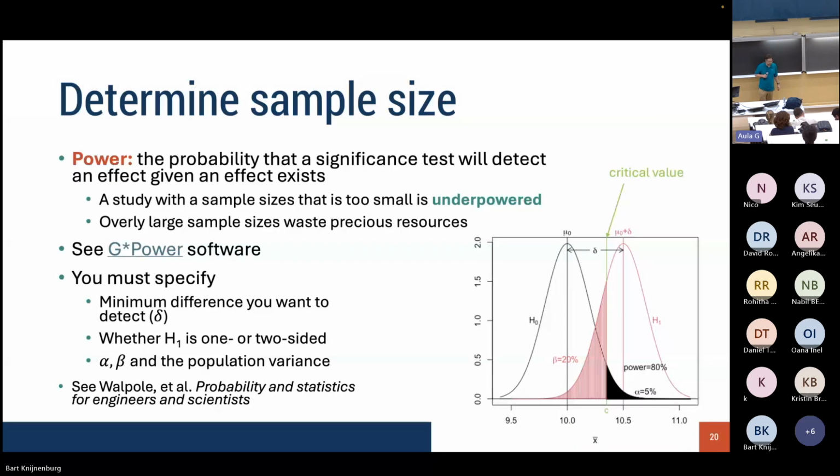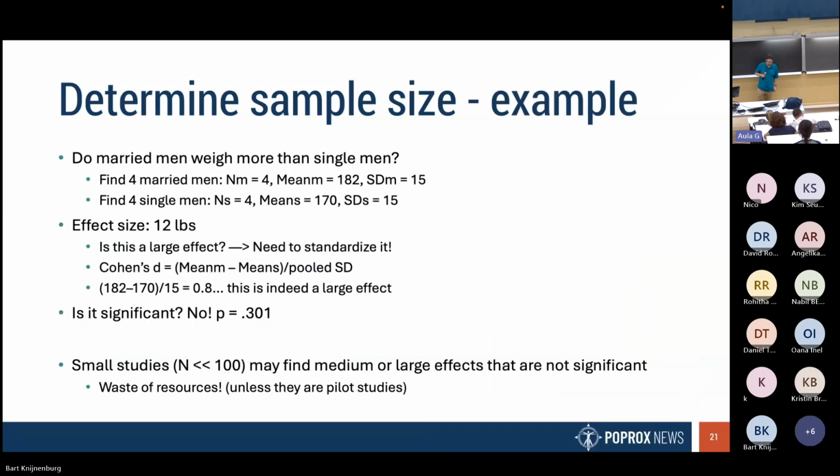One kind of trivia bit on this. Is this an experimental design? Is this a true experiment, what Bart just described with the difference between married men and single men? The answer is it's not an experimental design, because who's choosing to be married? Is it you, the experimenter?